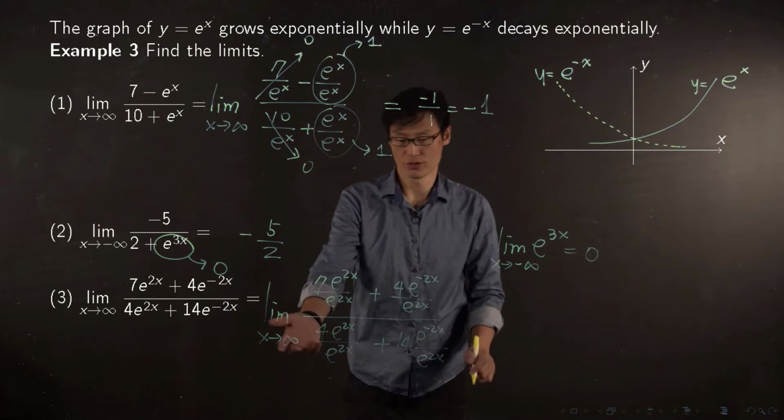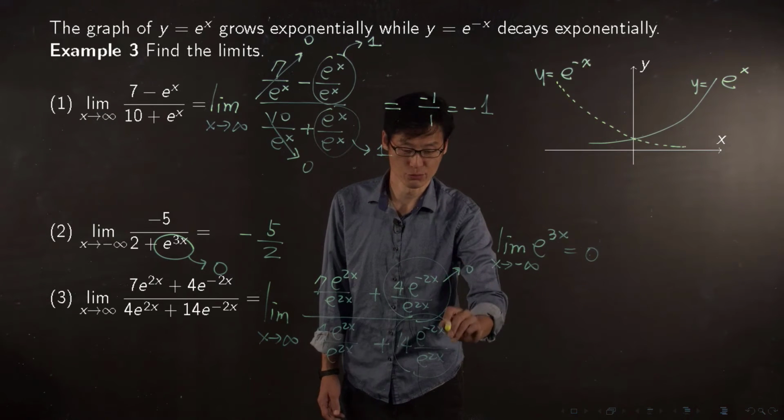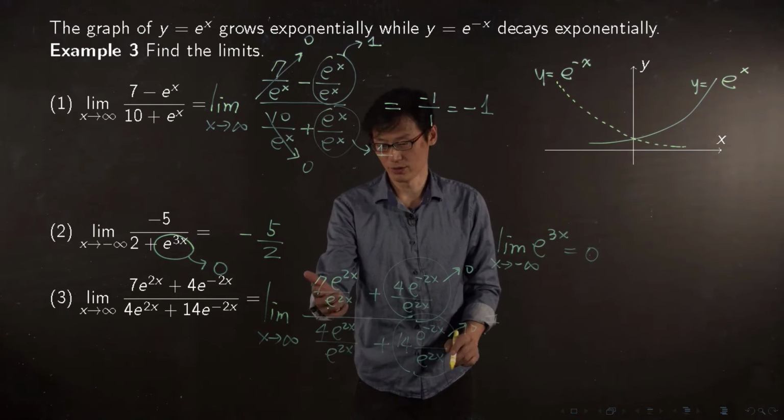Now that x tends to infinity, those terms are negligible, very small. So basically we have 7 over 4.